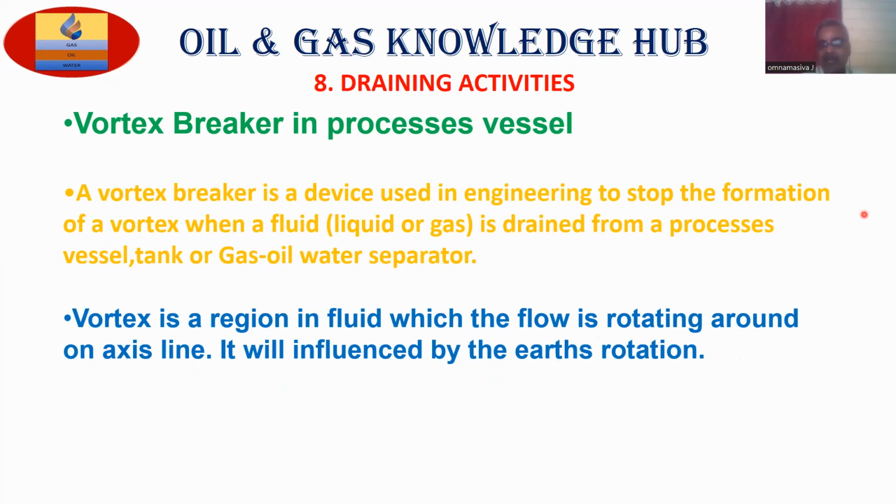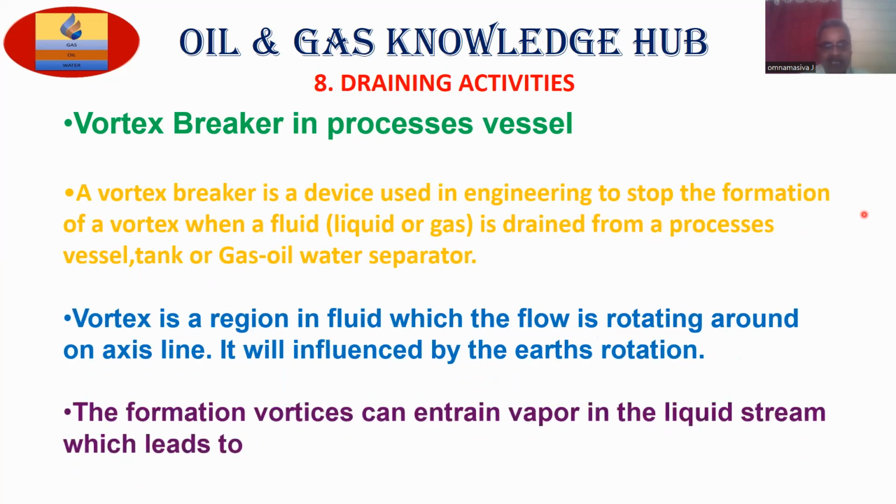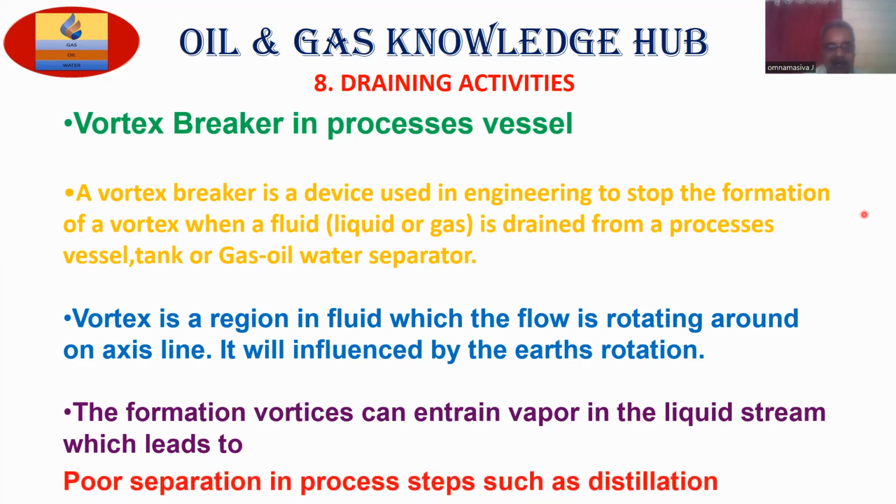It will be influenced by the Earth's rotation. That's the reason a vortex breaker is required. The formation of vortices can entrain vapor in the liquid stream, which leads to poor separation in process steps such as distillation. When it goes to distillation, there will be poor separation. So a vortex breaker should be there in every vessel as per the design conditions.